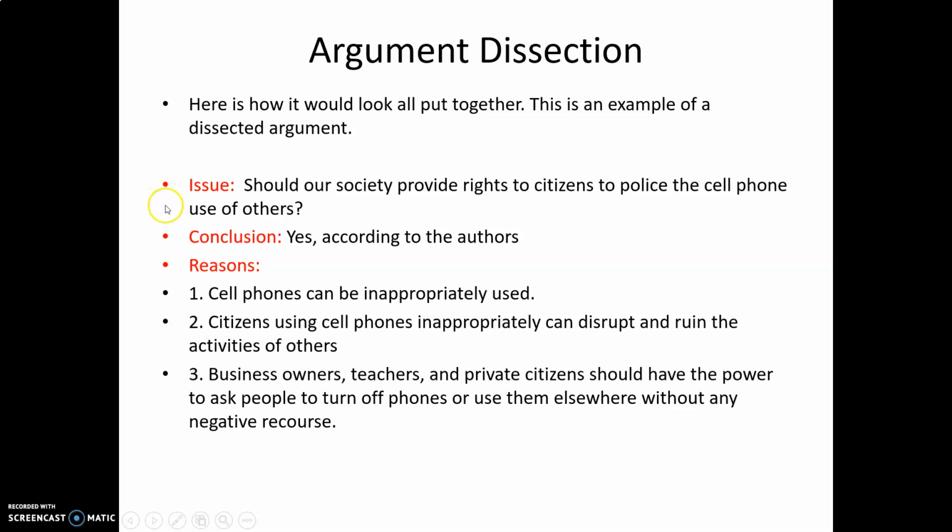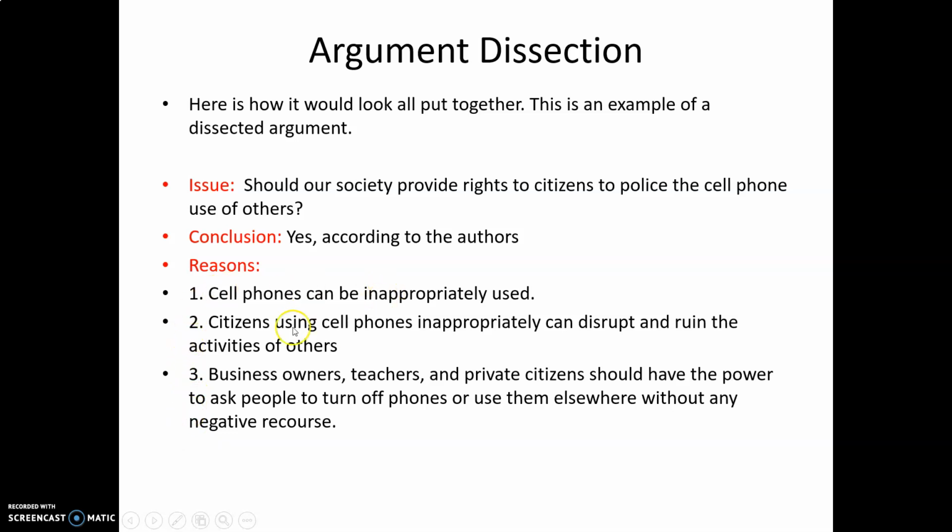So in this case, the author is saying that people should be able to police the cell phone use of others. And the reasons they should be able to do this is because phones are being inappropriately used, they're disrupting and ruining the activities of others, and people should have the power to ask others to turn off their phones.